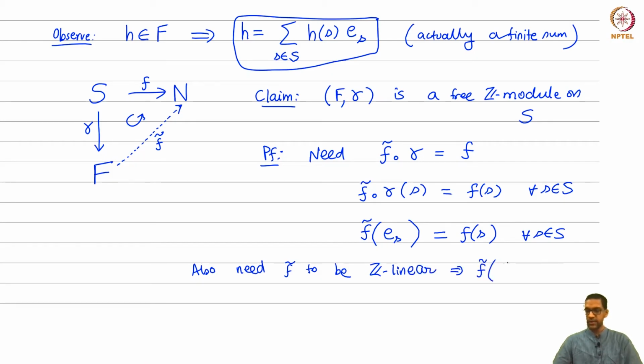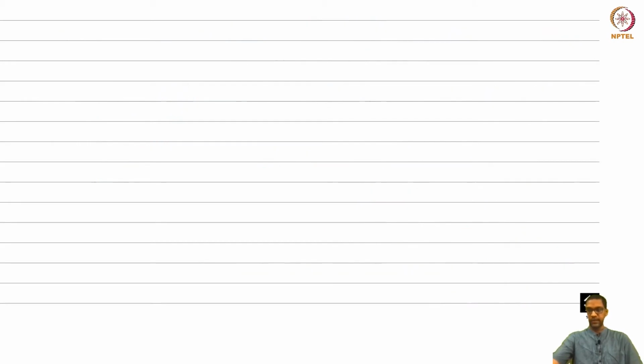When f tilde acts on a linear combination, like the one we wrote out above, you can pull the scalars h(s) outside, and f tilde of e_s is just f(s). So in some sense, what this tells you is, if such an f tilde exists, then we actually know what its formula is. It has to be given by this formula. There is no other way out. So it is definitely unique. The thing that remains to be proved is that this formula actually defines a group homomorphism. So this is just the initial heuristic motivation, if you wish.